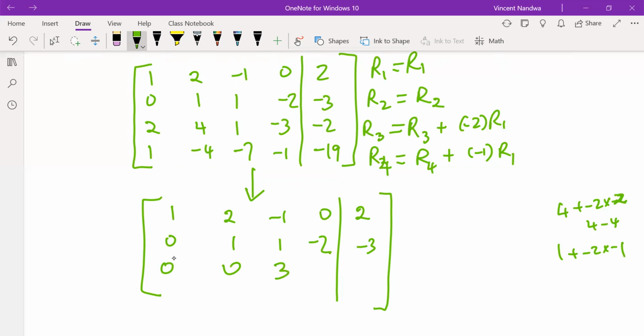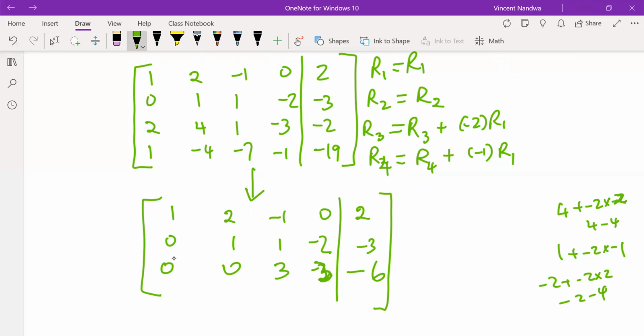And then minus 3 plus minus 2 times 0 is just minus 3. And then minus 2 plus minus 2 times 2 is minus 2 minus 4, which is minus 6. So I'll have minus 6 here. Remember this minus 3.